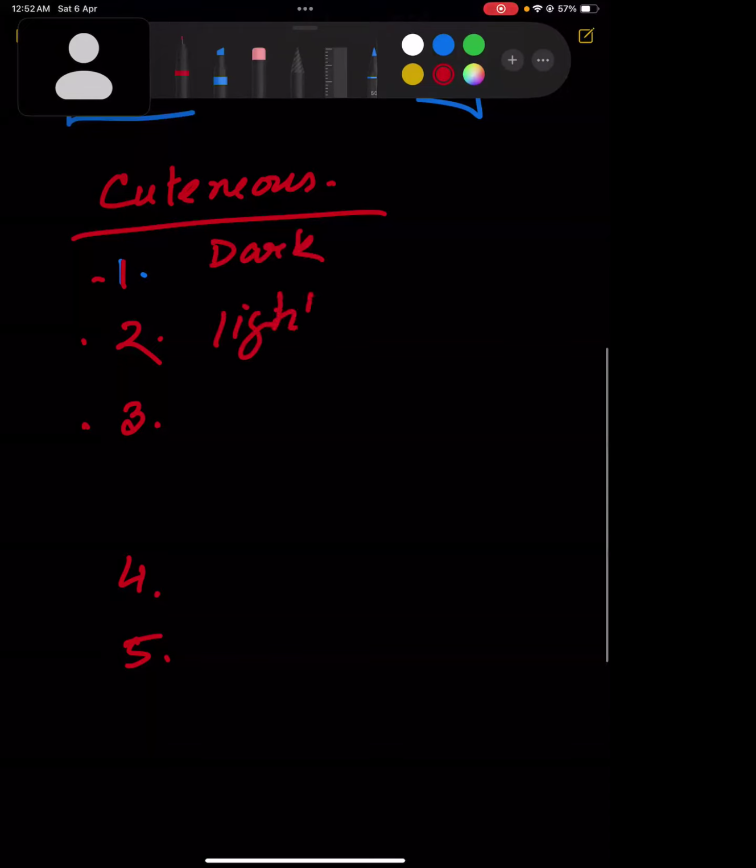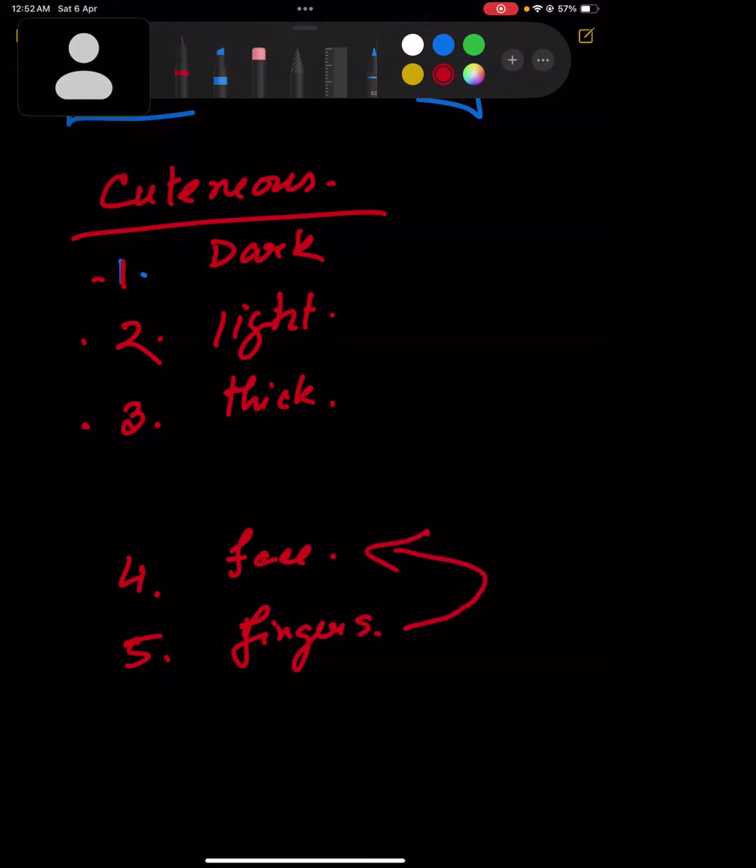This is to remember for lifelong. And some you will get a thick skin. Some you will get on your face, some you will get on your fingers. Now let me show you what these cutaneous features are.